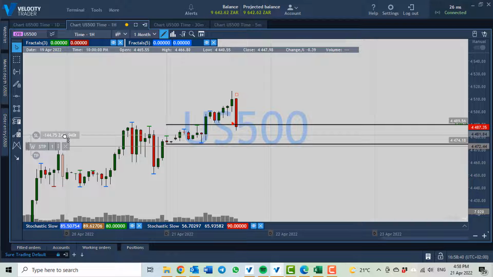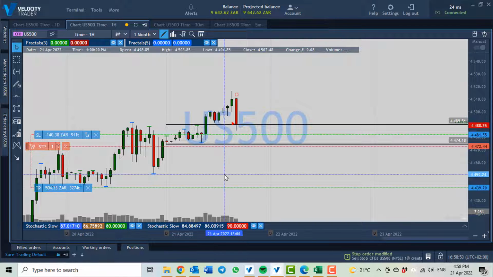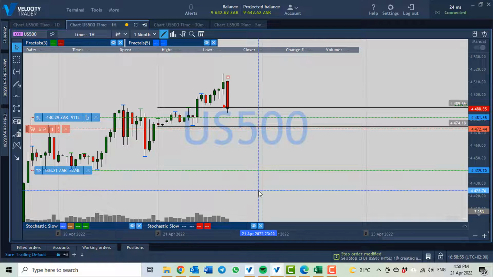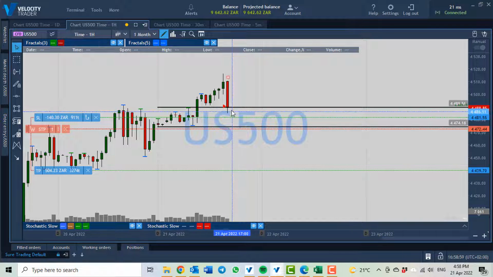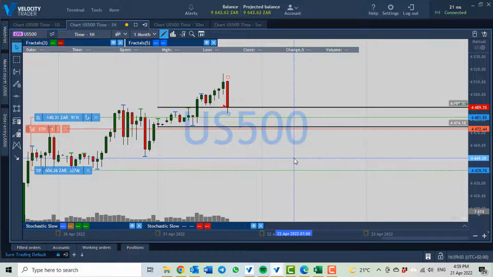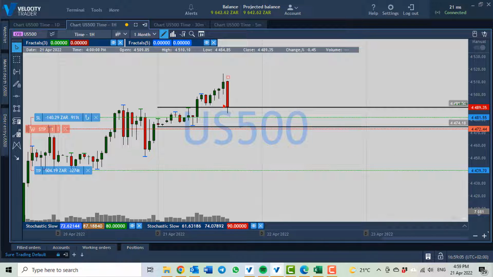Let's say 144, 140, that's the middle, and then the take profit will be down here again. So let's see what happens if it goes through the bottom of the range again and we enter a short, and we'll keep you posted on that one.